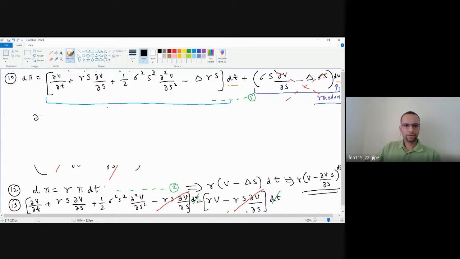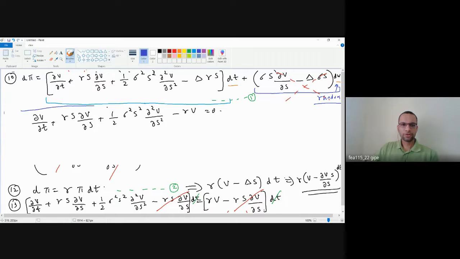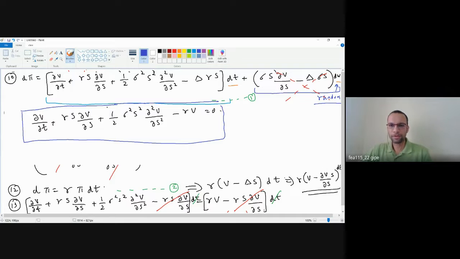So we have dou v by dou t plus rs dou v by dou s plus 1 by 2 sigma square s square d2v by ds square minus rv equal to 0. And this is your Black-Scholes-Merton partial differential equation. So this is the equation which you see in textbooks, and this is one of the ways to derive that equation.